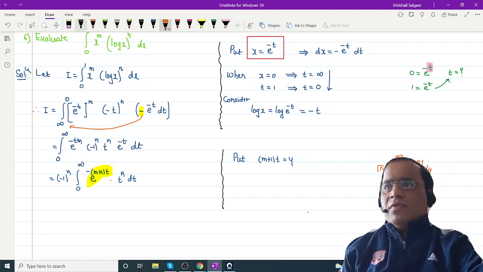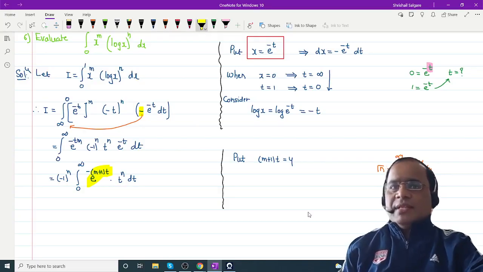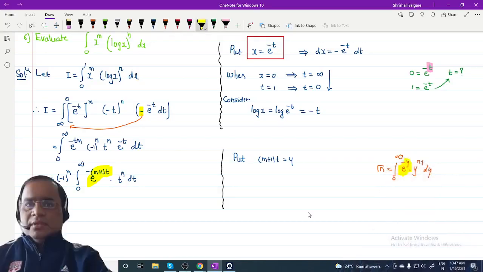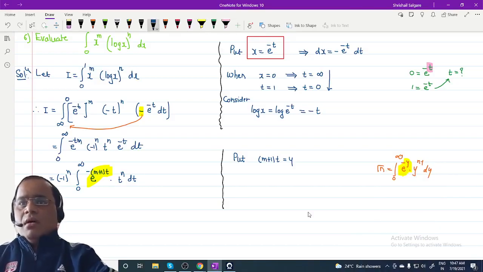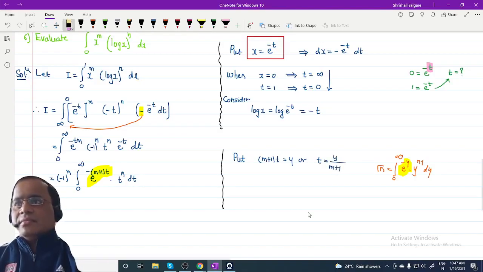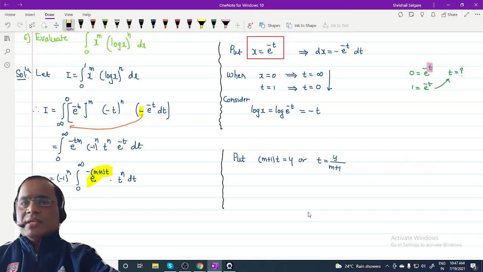So my focus is to obtain this term. That's why this is my substitution. Or the same thing you can write, t is equal to y divided by m plus 1. Is it right? Can you proceed?